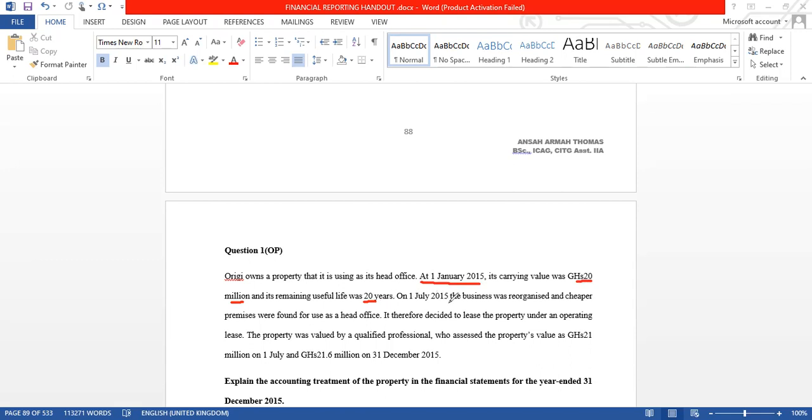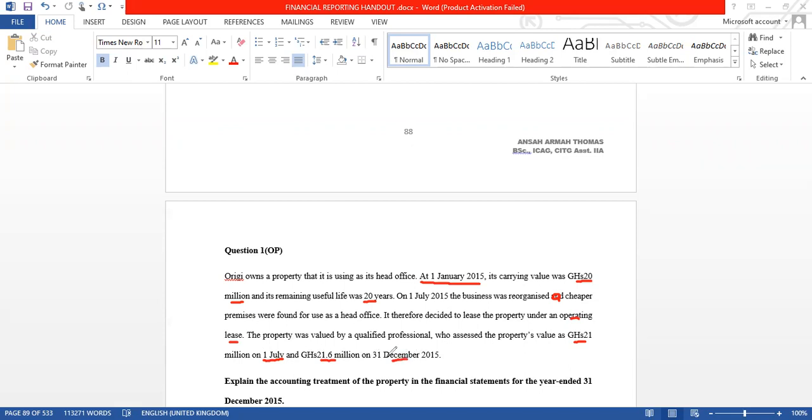In July 2015, a cheaper premise was found for use as its head office. They therefore decided to lease the property under an operating lease. The property was valued by a qualified professional at 21 on this date, and another valuation of 21.6 on this date.